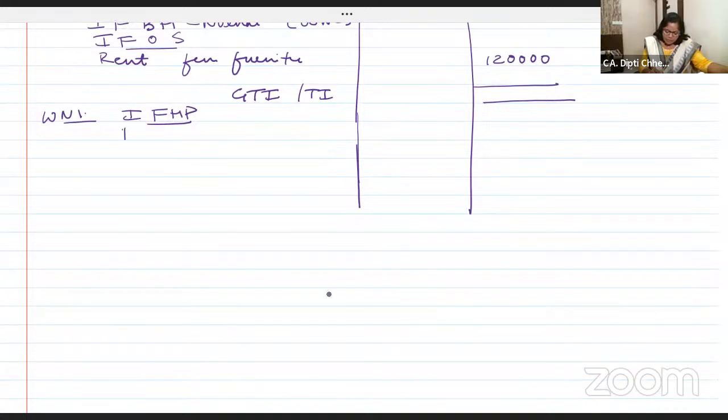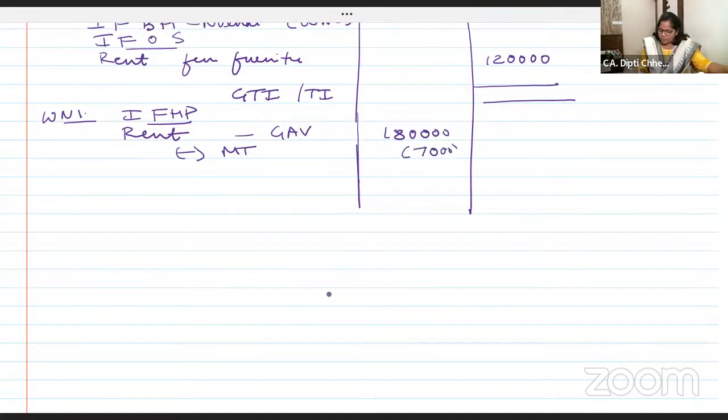Rent from the house property is directly given to you as 1,80,000. So we take it as GAV, gross annual value. Less municipal taxes, there we would disallow, but here it will be allowed because they are paid by the owner. So NAV is 1,73,000. On NAV, irrespective of actual expenses, you get 30% standard deduction.